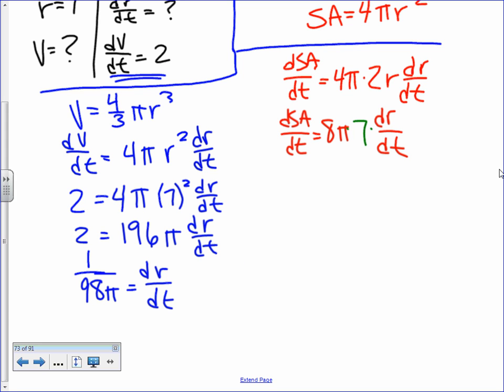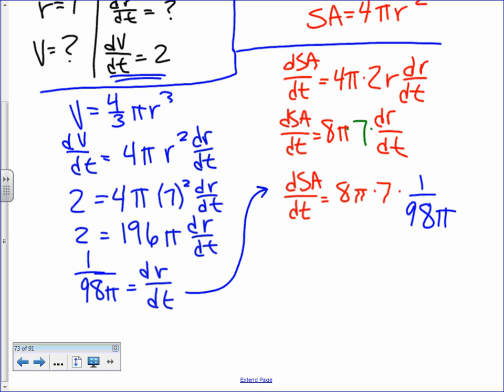Okay, so now let's take our dr dt and plug it in over here. So I've got dSA dt equals 8 pi times 7 times, and I'm plugging in 1 over 98 pi.